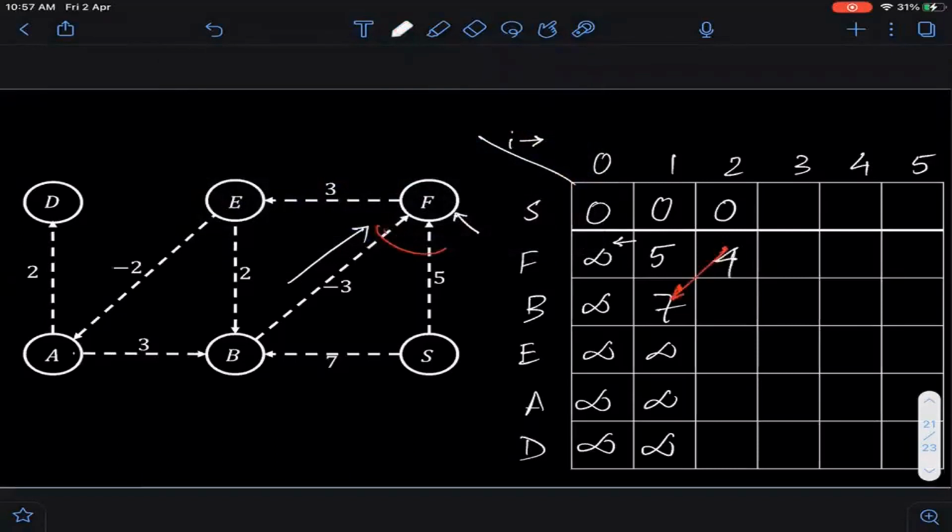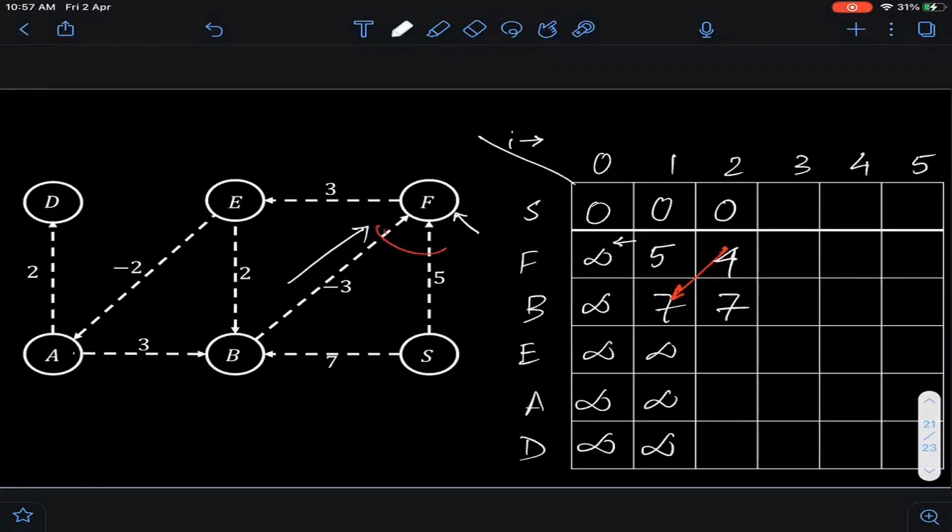How about b comma 2? It's going to be the same, I guess, right? So it's still going to be 7. I don't think it's going to change at all. How about E? E comma 2, should I inherit infinity or can I do something else? It's 8 now.